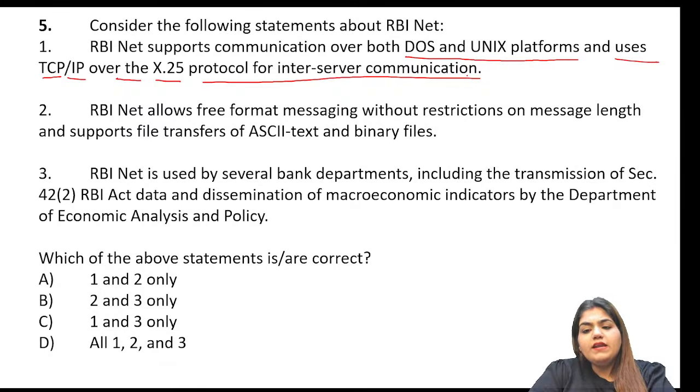Okay, so RBI net, this is developed on the language C. It does support DOS and Unix and uses TCP/IP over X.25 for Unix server communication. Because C language is the most common one.